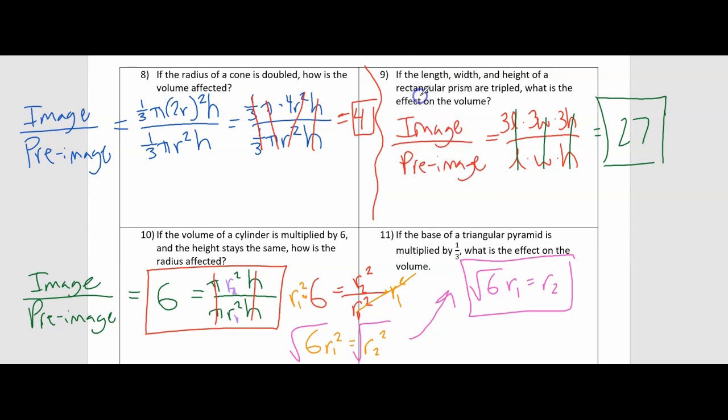If we look up here at number 8, when we doubled the radius, the volume increased by a factor of 4, which is 2 squared. We're squaring the radius in our volume equation. So if our radius for 10 increases by a factor of root 6, well, root 6 squared gives us 6. So 2 squared gives us 4, root 6 squared gives us 6.